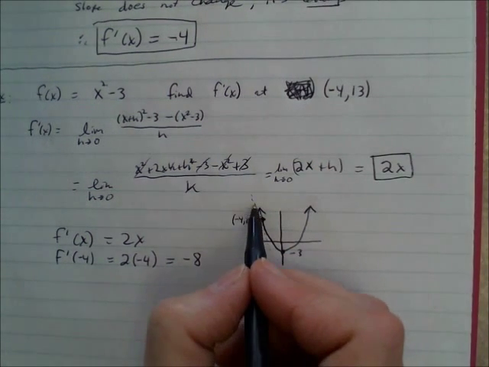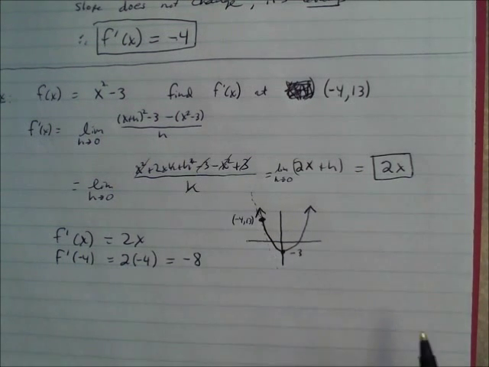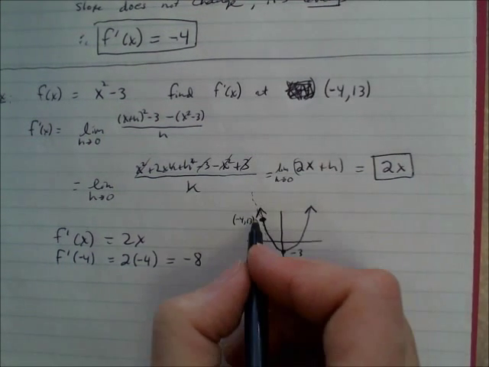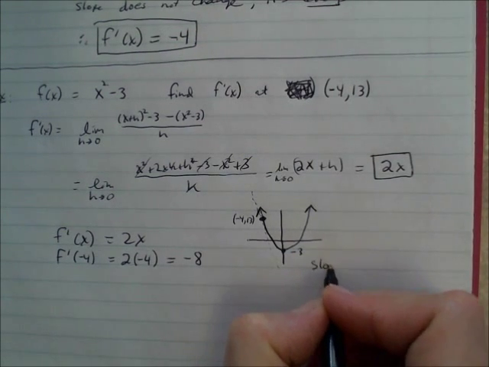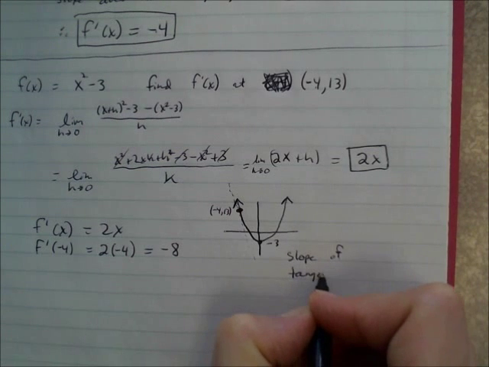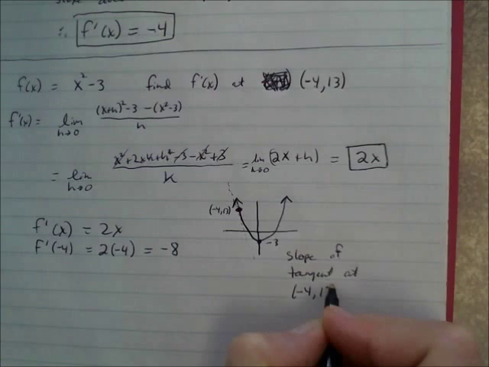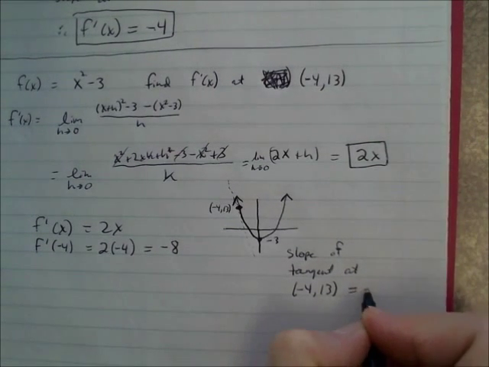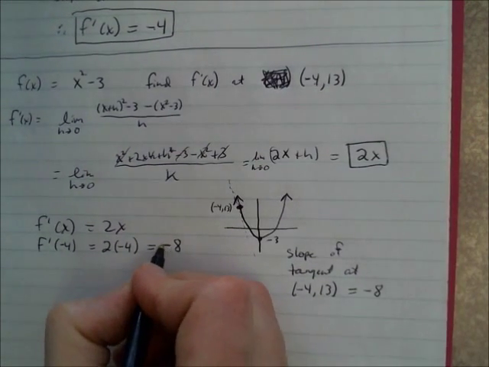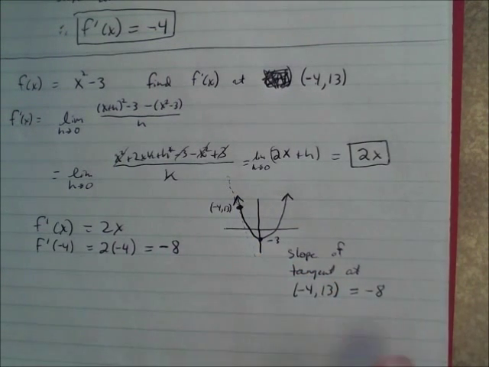You can see that the slope of this tangent would be negative because it's going down, and it's quite steep. So the slope of the tangent at point (-4, 13) is equal to -8. That's what the derivative means, the slope of the tangent line at that particular point.